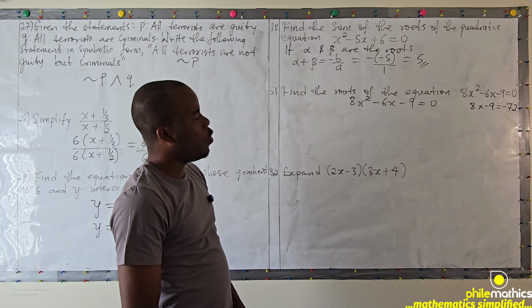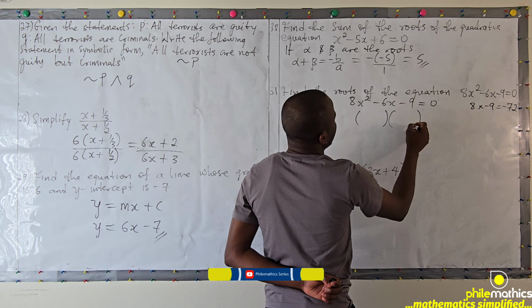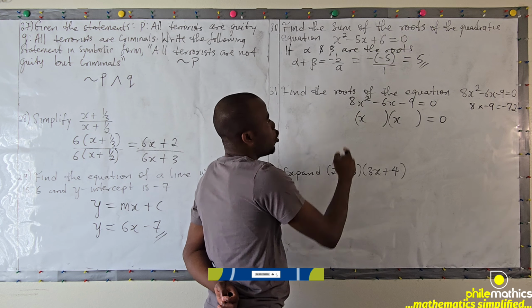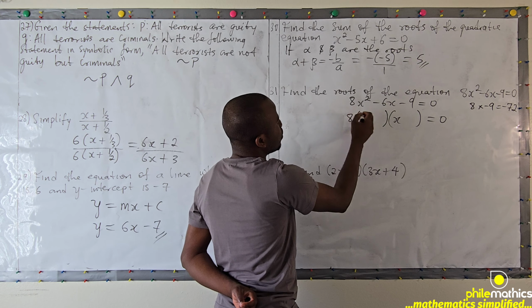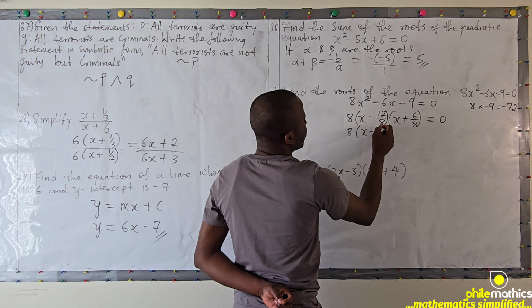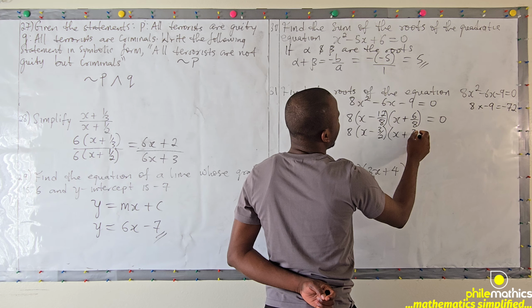And for us to do that, we'll open bracket x, x. Because the coefficient here is 8, I can bring it out and then divide these two numbers by the 8. So we have minus 12 over 8 and plus 6 over 8, which is much easier. So we have minus 3 over 2 here, x, and plus 3 over 4 here.